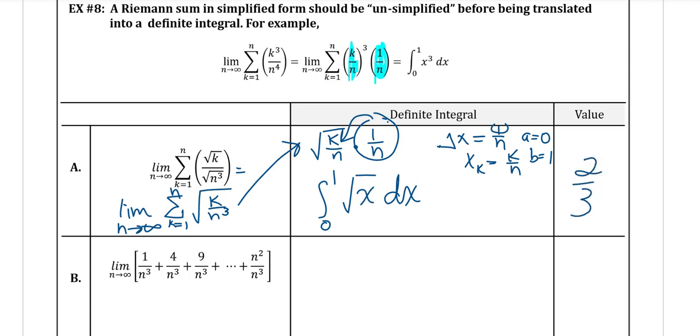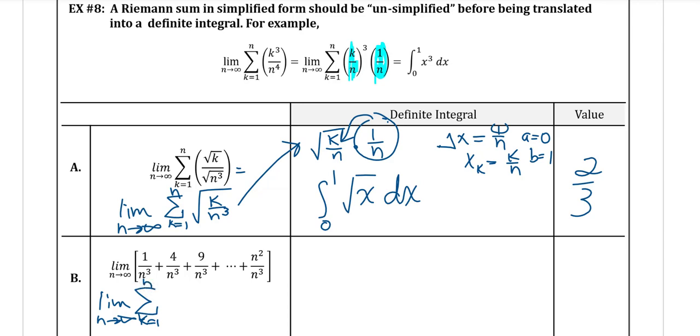Okay, next one. Now this one's a little more tricky because the summation notation isn't written here, so I want to unwrite it. I want to put it back in its summation notation so I can identify my delta x and my x sub k.